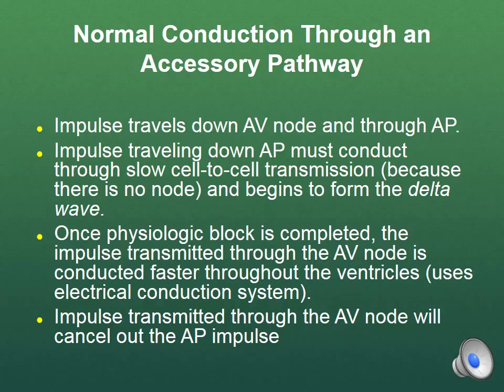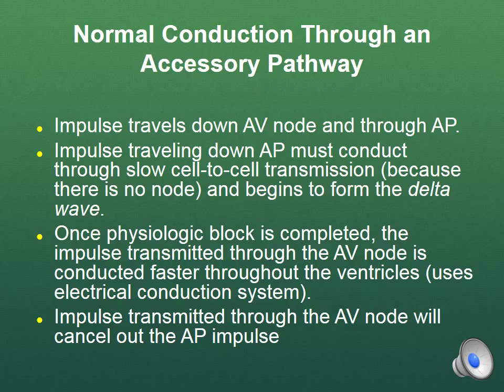When this happens, you will have generally two types of conduction, an anterograde conduction and a retrograde conduction. But generally when these people are just sitting around, they're healthy, the normal impulse travels down the AV node as well as the accessory pathway.